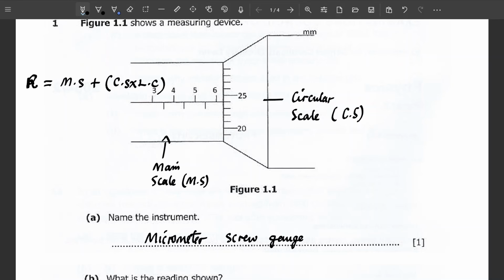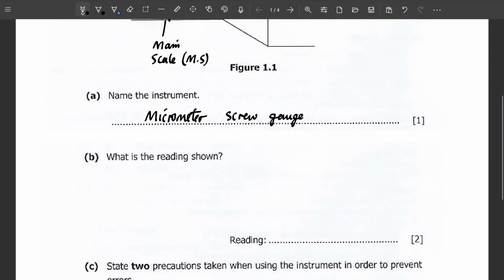I like using it because it is straightforward and it doesn't confuse me.